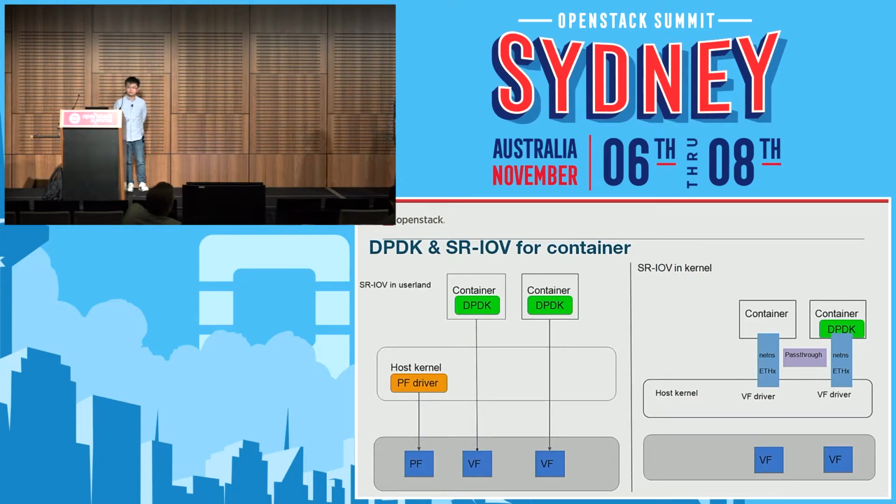And the second one on the right is SR-IOV in the kernel. This is how SR-IOV is used now in the Zun containers. As Hongbin just introduced before, currently we can pass through the SR-IOV device to the container. We call it pass-through, but it's not the same as the VM.